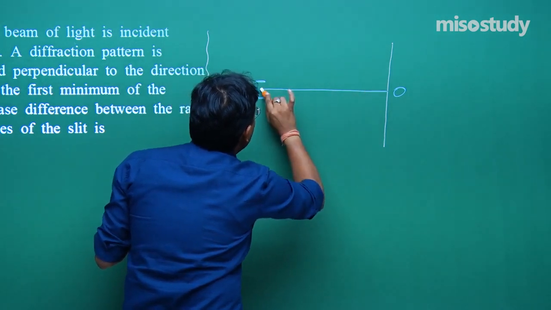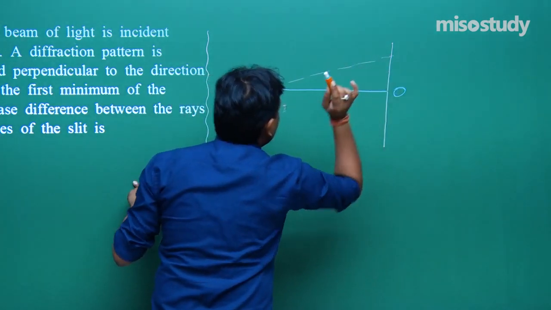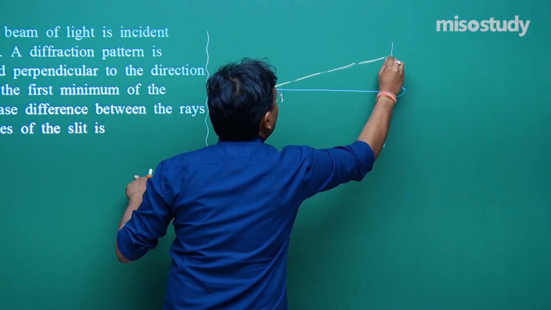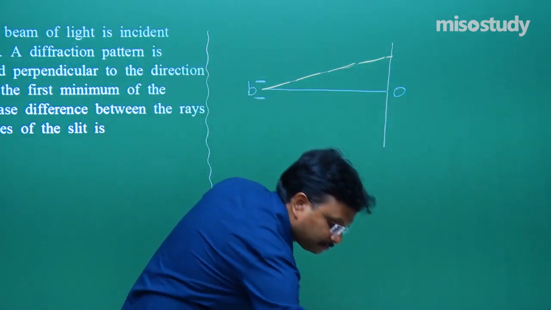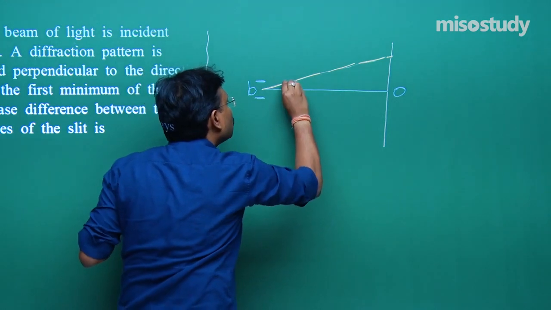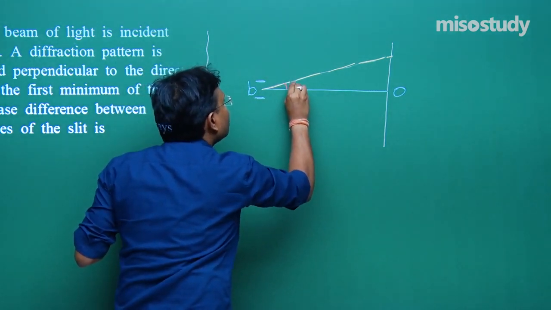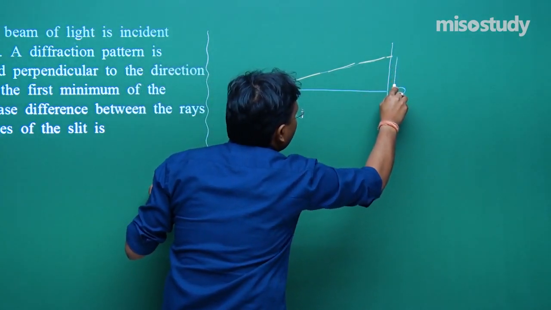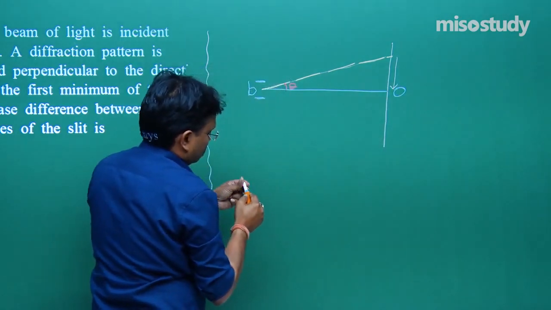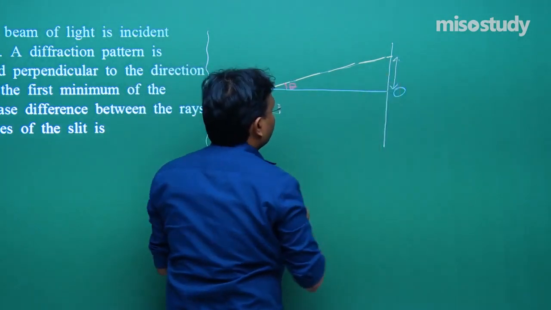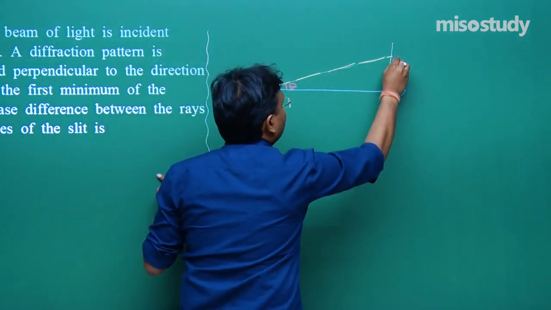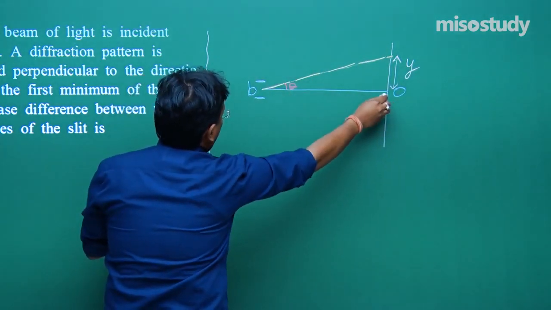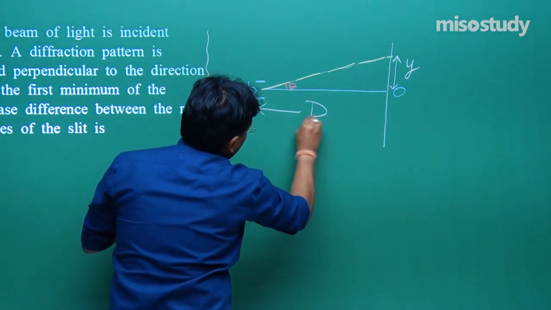The minimum point is like here, and then I am using a red color chalk to show you angle theta. This is angle theta, and this value is y, okay, and this O to B is what? D, fine.